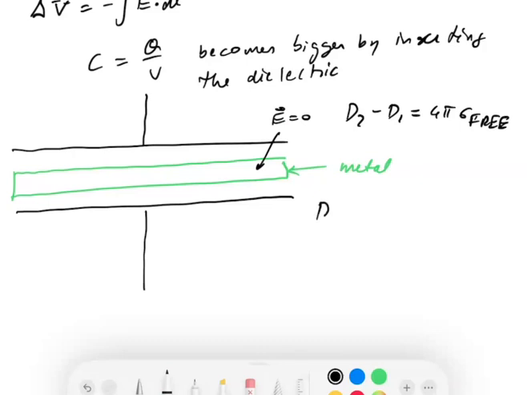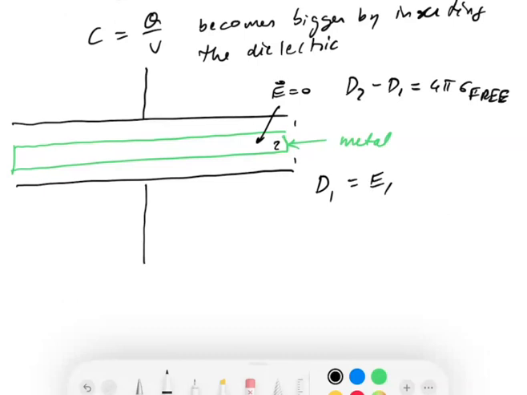So D1 is E1, and then D2 is E2 minus that. So you get an induced charge, and it's like positive here. So this is negative, and it's positive.